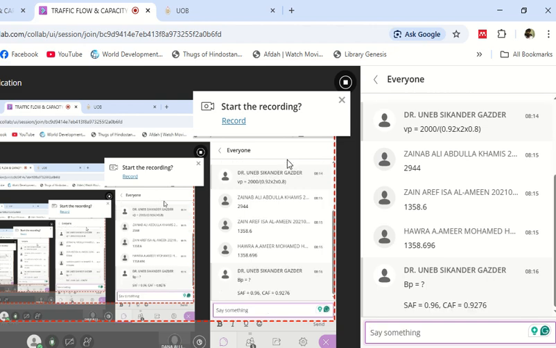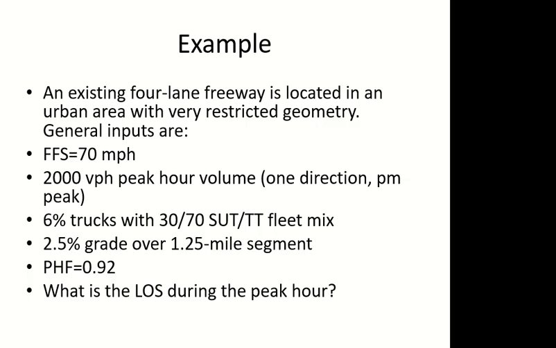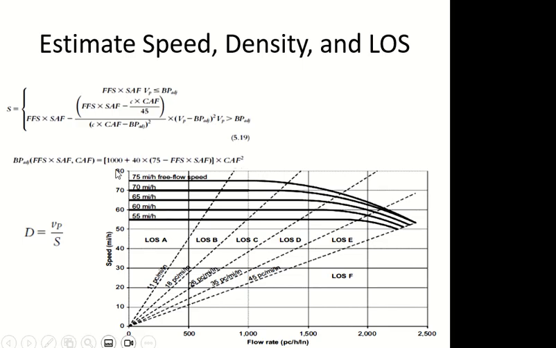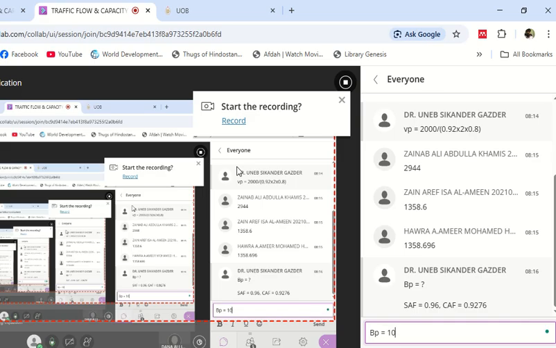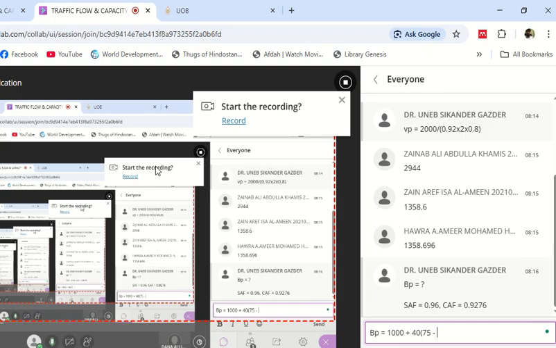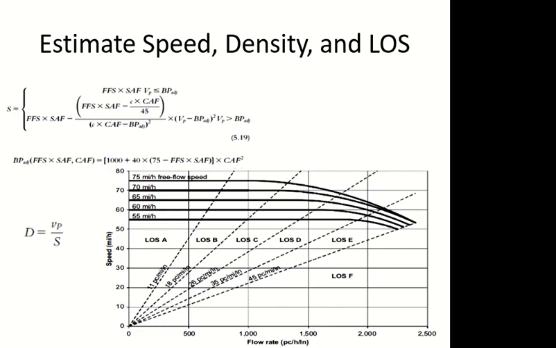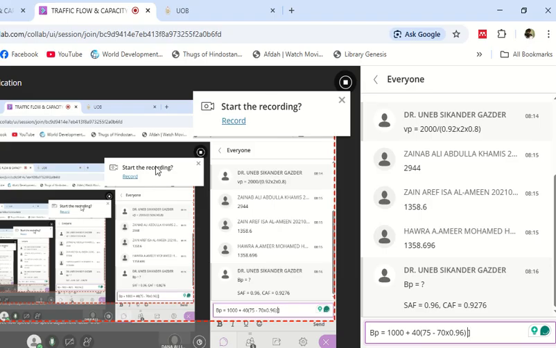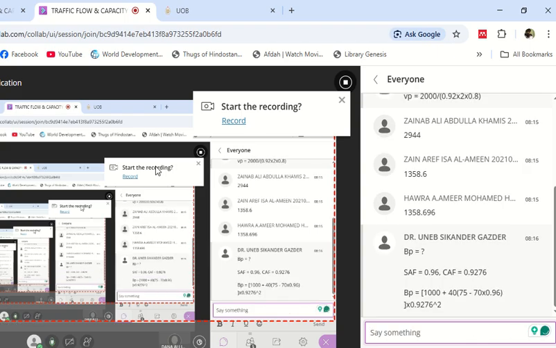So for my breakpoint, you can see this big equation over here: 1000 plus 40 into 75 minus free flow speed into speed adjustment factor 0.96, and this whole thing multiplied by capacity adjustment factor squared. So how much is that?